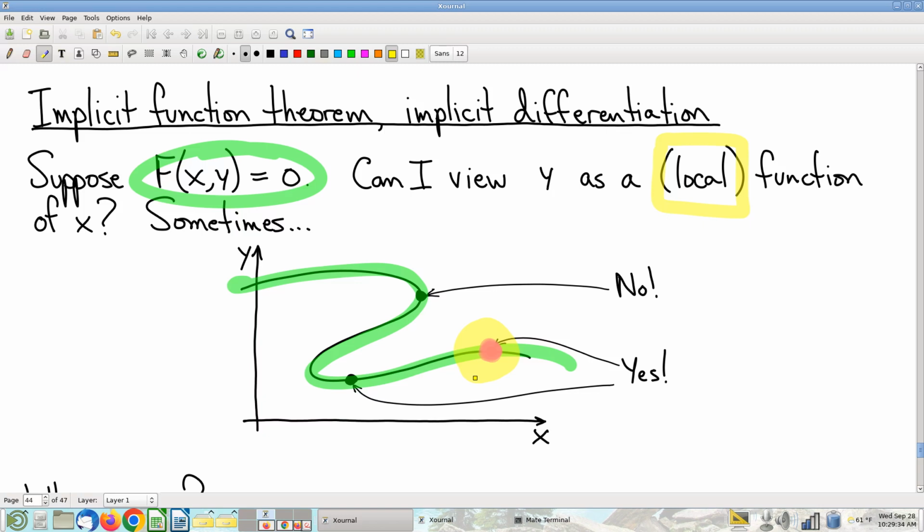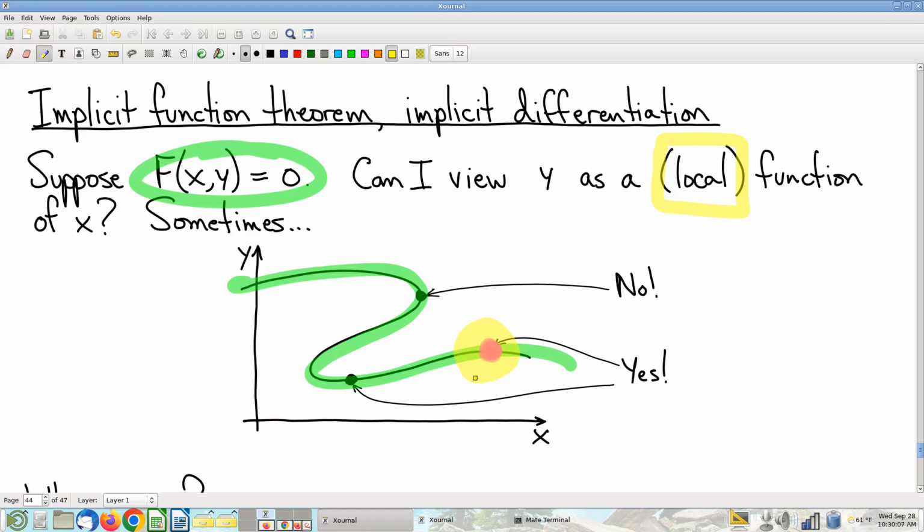So locally, can I view this equation, even though I have not solved for y, in effect, unstated but unavoidably a consequence of what's written, can I view y as being a function of x? And we say, question then, can we implicitly, again, not having actually solved explicitly for y, but implicitly, can I view y as being a function of x?